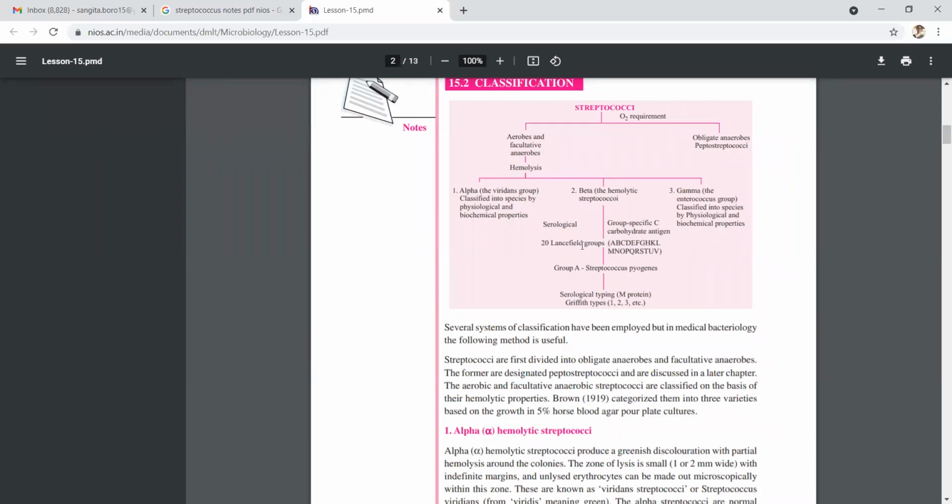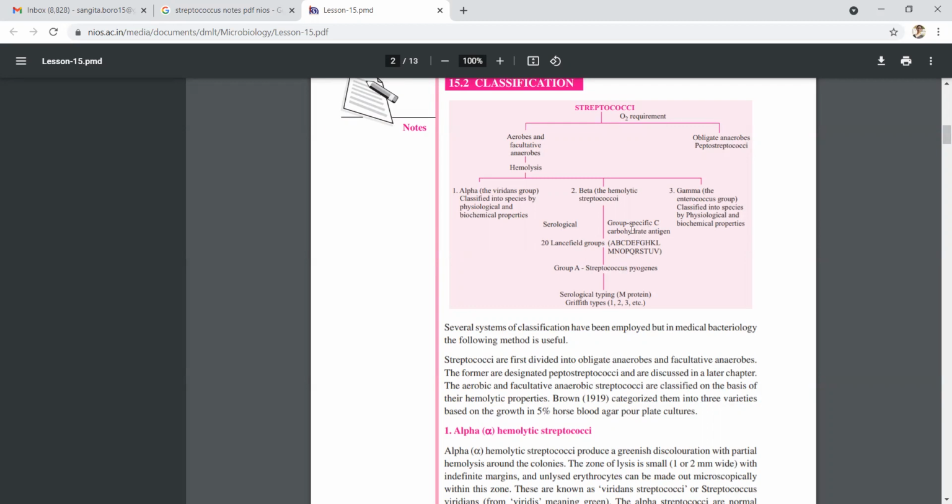Actually they are divided into 20 groups, which is known as 20 Lancefield groups. This is the beta streptococci. They have been divided into 20 Lancefield groups, named as A, B, C, D, E, F, G, H. Then there is no I, J. Directly you find K, L, M, N, O, P, Q, R, S, T, U, V. Now, the group A are called the Streptococcus pyogenes, about which I had mentioned.